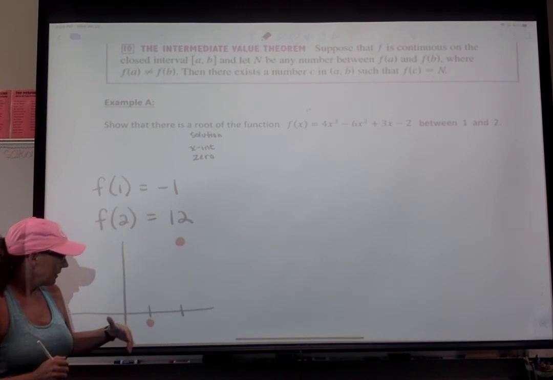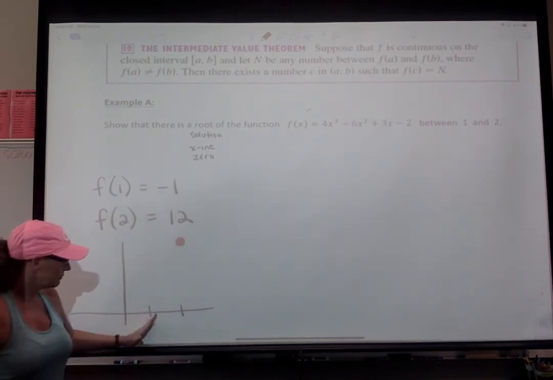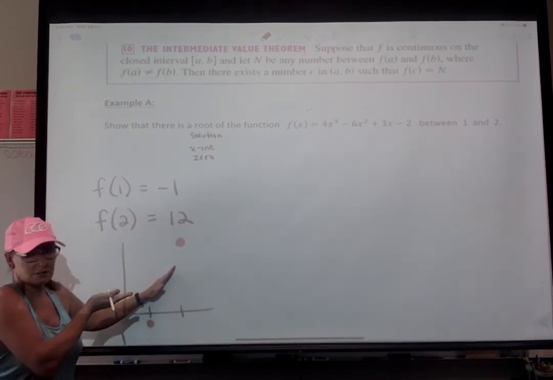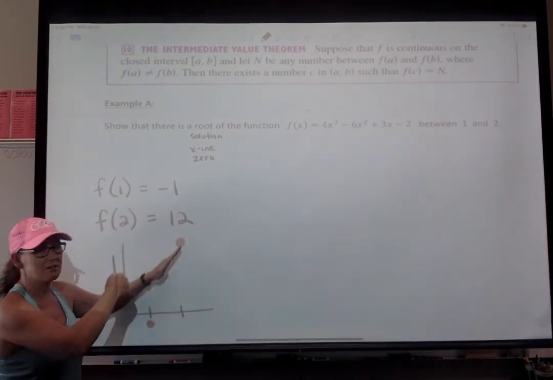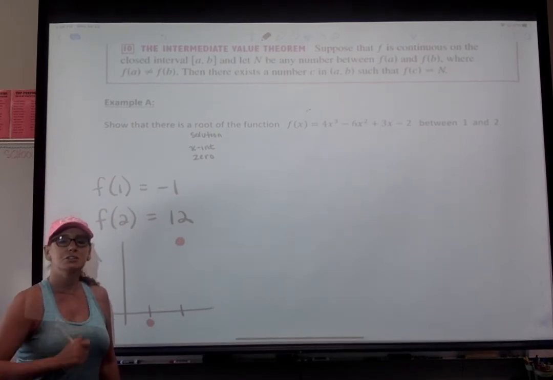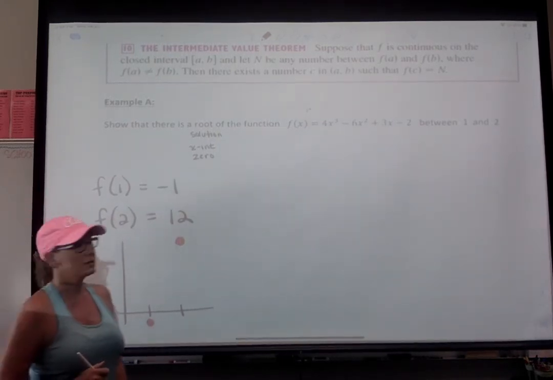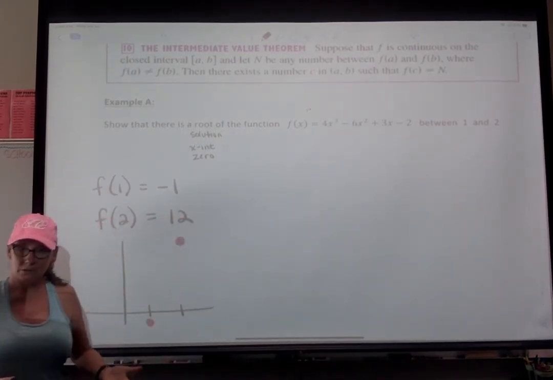If your function is continuous, don't you think it had to continue through the x-axis to go from a y value of -1 to a y value of 12? Absolutely it did. Is your function continuous? Well, it's cubic, it's a polynomial, of course it's continuous.